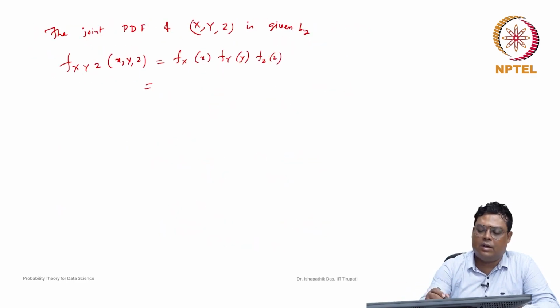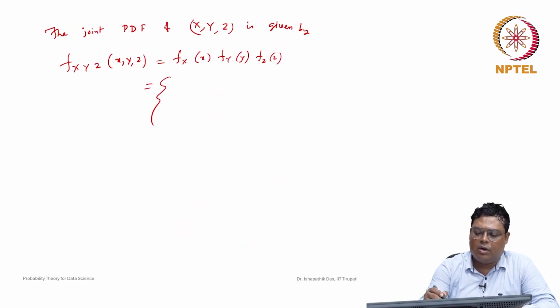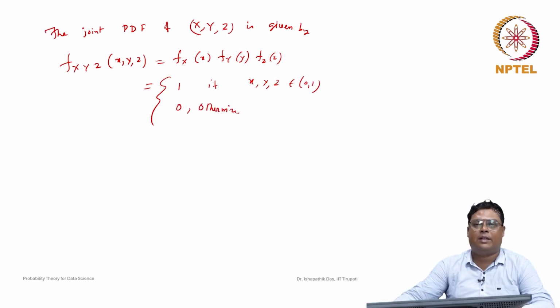So this is nothing but 1 into 1 into 1, equal to 1 if x, y, z all belong to 0 to 1, otherwise it is 0. So this is the joint probability density function.